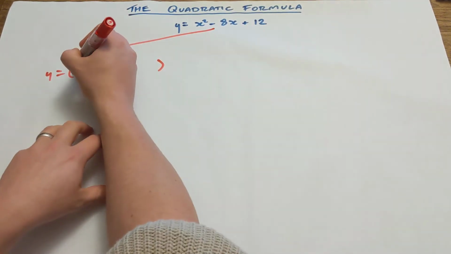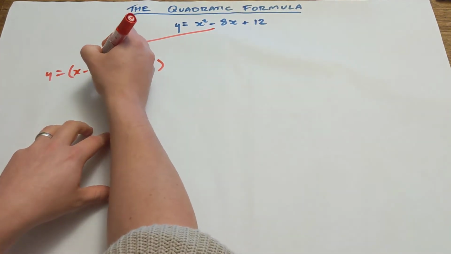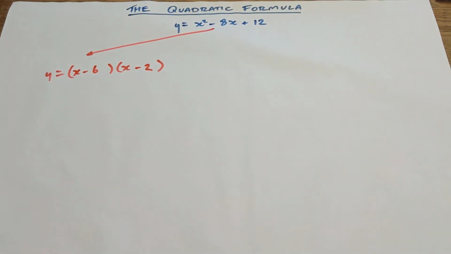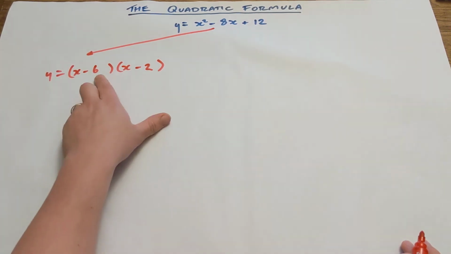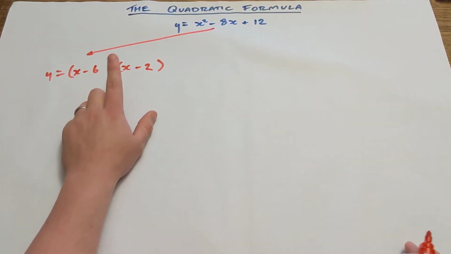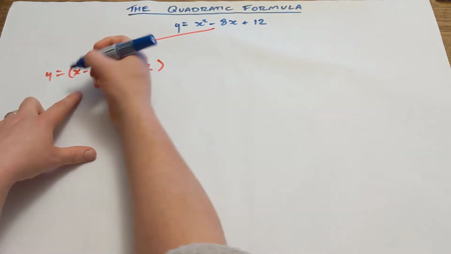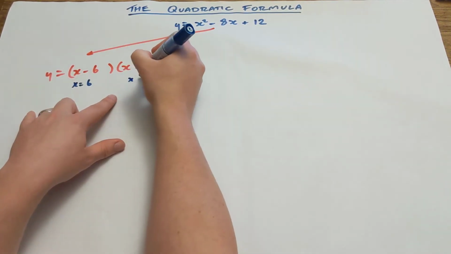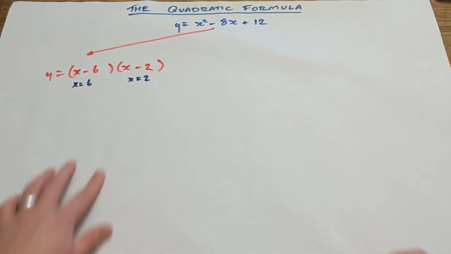So that would give us (x - 6)(x - 2). And from what we've done before, we know that the roots of this equation, where it crosses the x-axis, would be at x equals 6 and x equals 2.